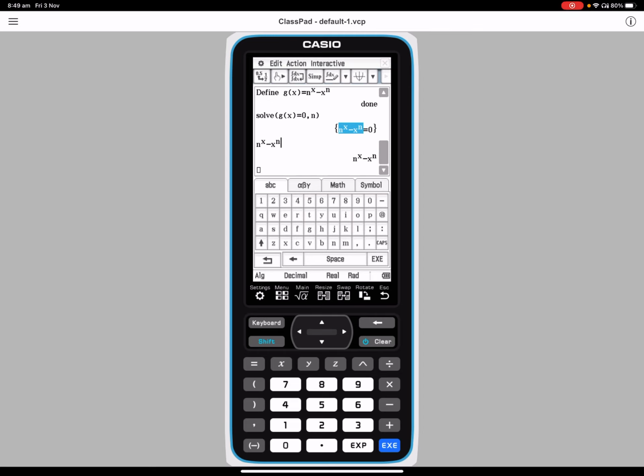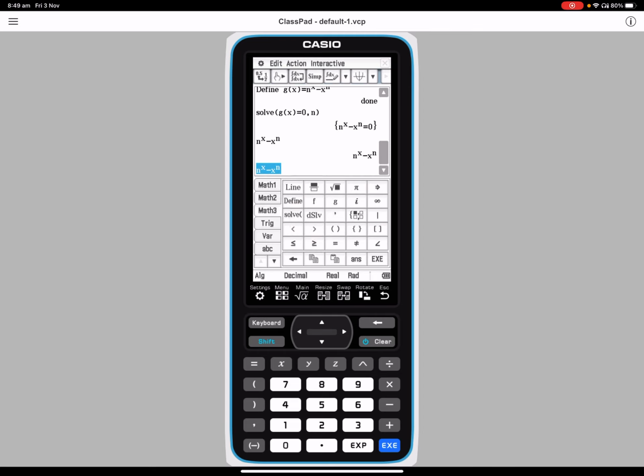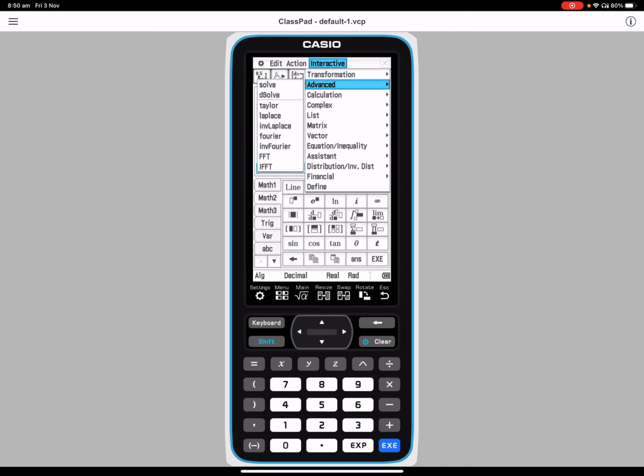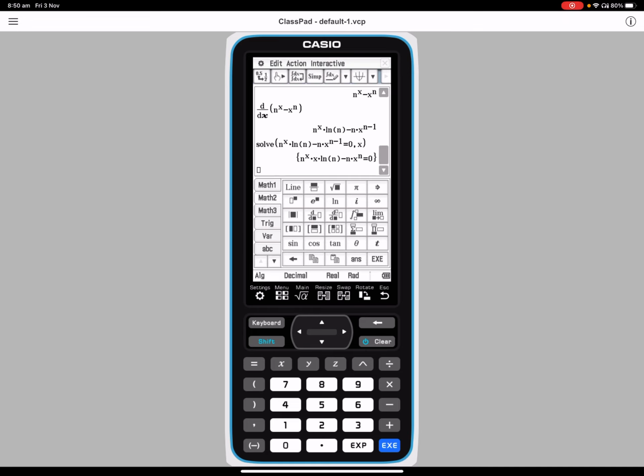What's the derivative of that thing? So d dx of that, we know that equals 0. If we solve that, okay, so that equals 0.